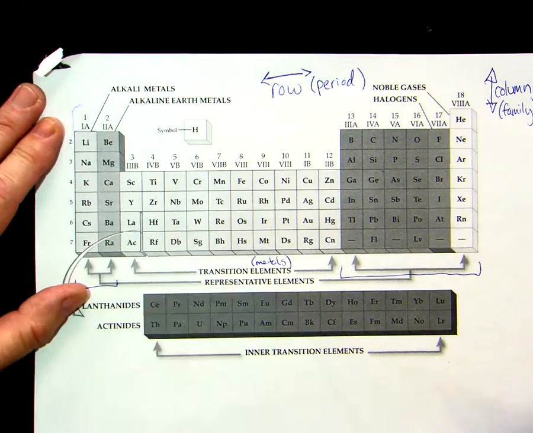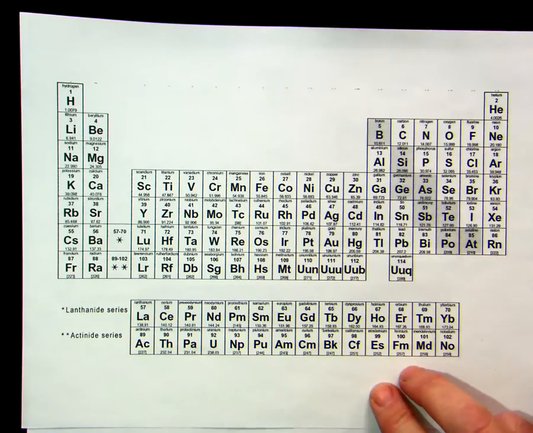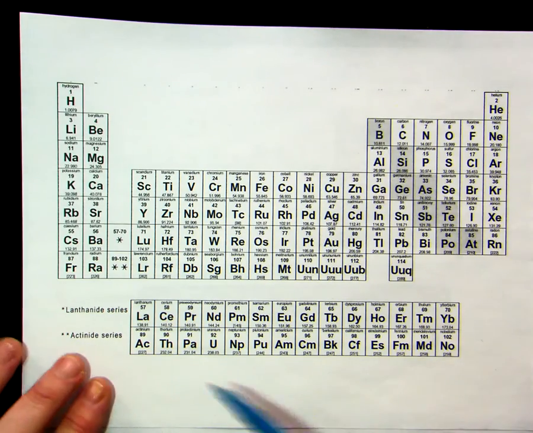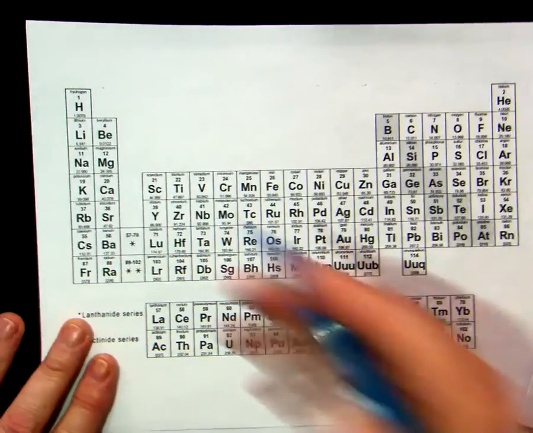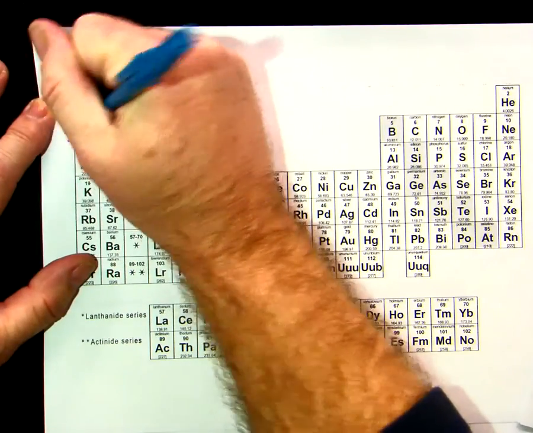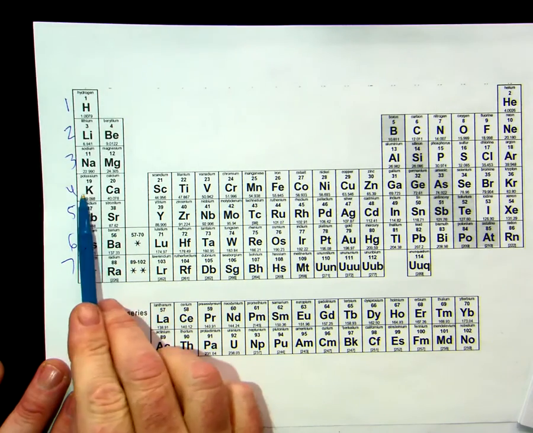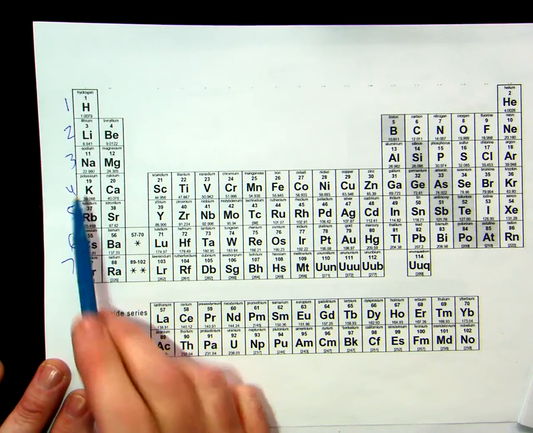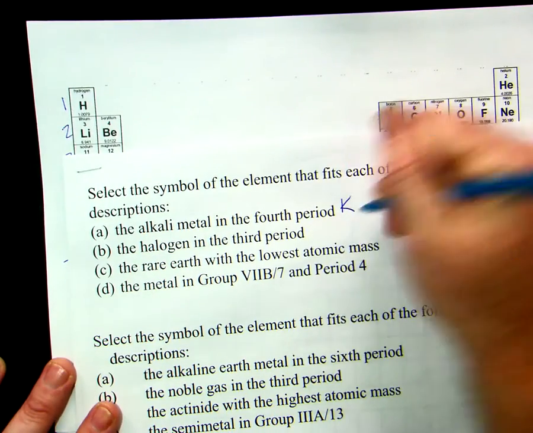So this periodic table is labeled for you, so it would probably be better to use the one you'd have on the exam. So the alkali metal in the fourth period, here's the alkali metal. The fourth period is if we go 1, 2, 3, 4, and label the rows, it would be potassium.